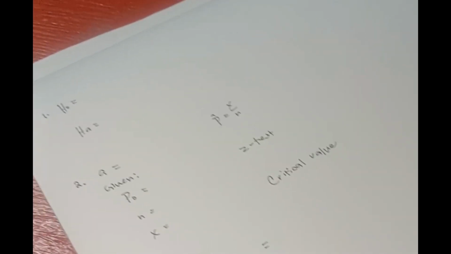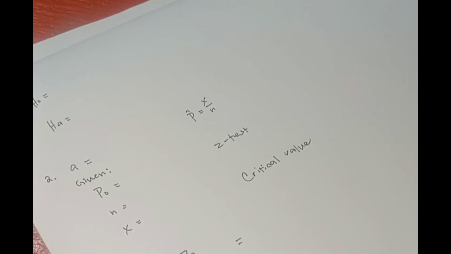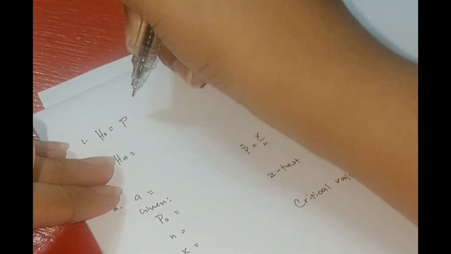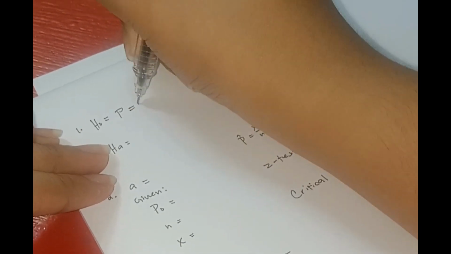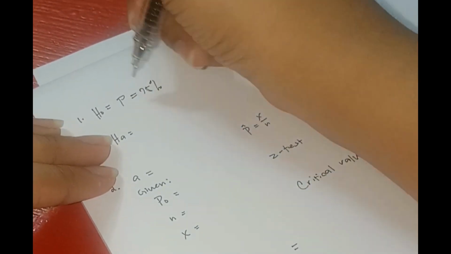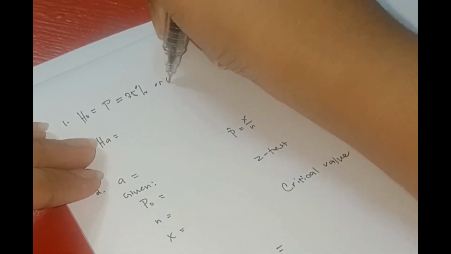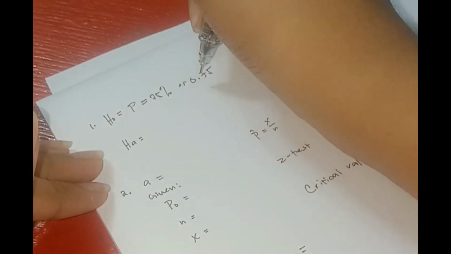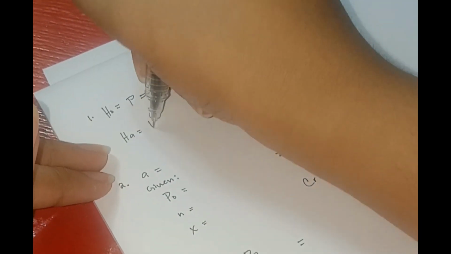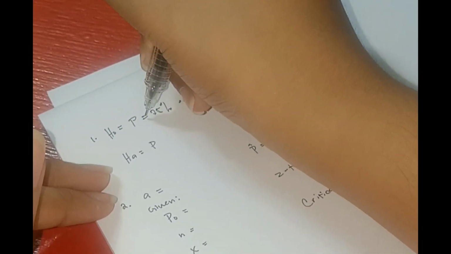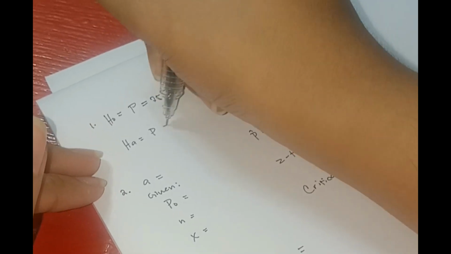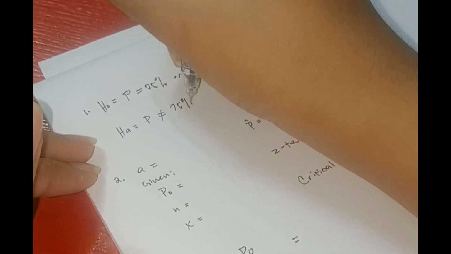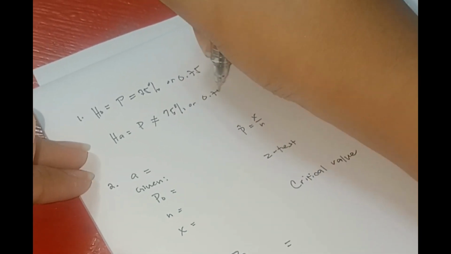So the first step, check the necessary assumption. So P is equal to 75% or 0.75. At kukontrahin natin siya dito sa alternative hypothesis. So, since yung null hypothesis is equal, ang alternative natin is not equal. So, 75% or 0.75.